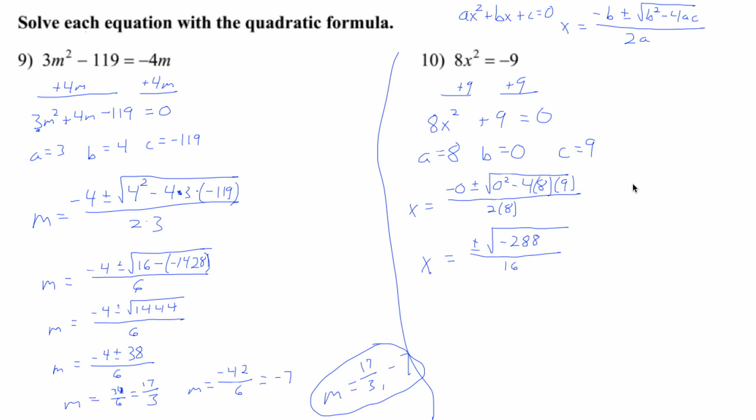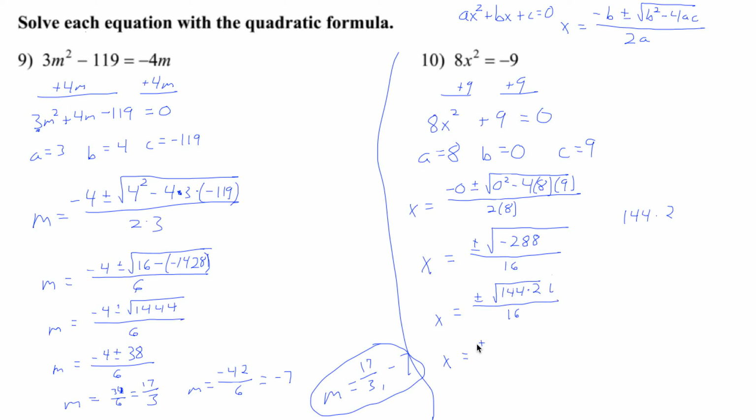Now we want to simplify negative 288. What I would do is think, well, I know 288 is 144 times 2. Also, I want to mention this is a negative 288, so we're going to make it positive, but we have to put an i out here. And the reason I'm using 144 is because 144 is a perfect square. So what's the square root of 144?